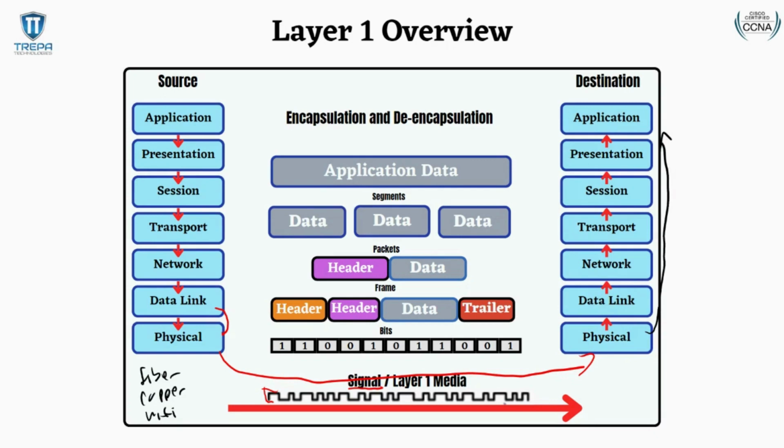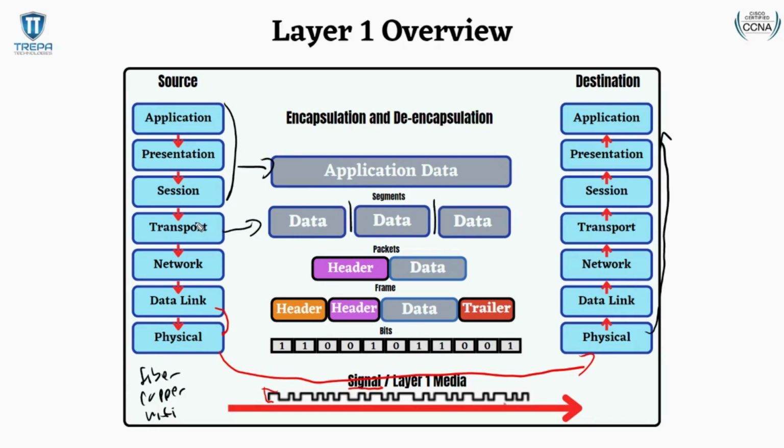If we take a look at the entire process from source to destination, the entire encapsulation and de-encapsulation process, this helps us understand the physical layer's role in getting data transmitted across the internet. First we have our application data. Then we have the transport layer, which segments our user data.